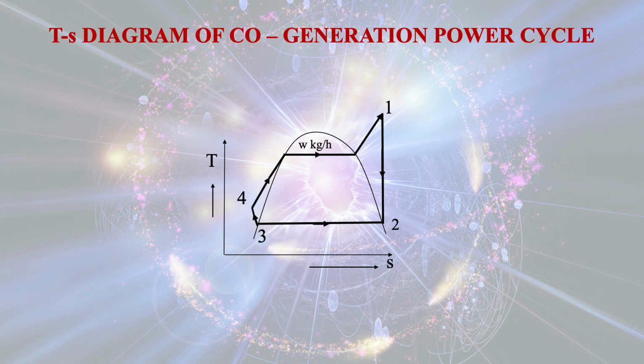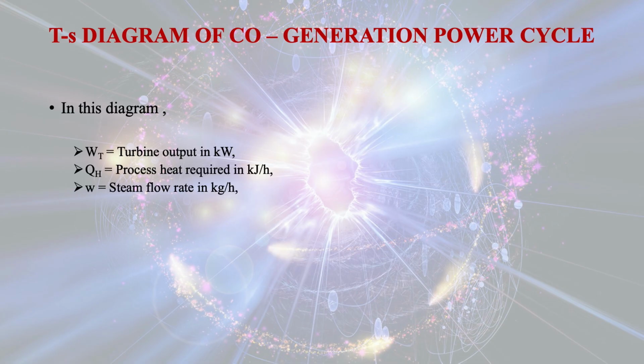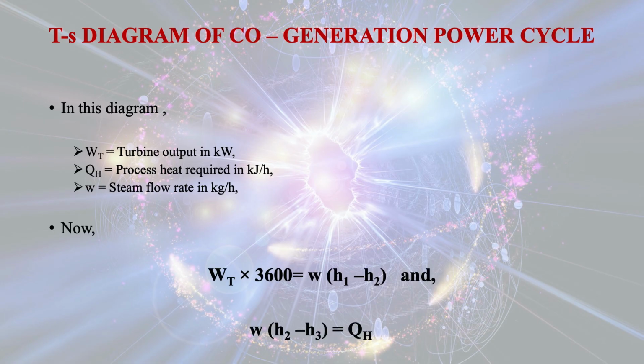Now, WT is the turbine output in kilowatt. QH is the process heat required in kilojoule per hour, and small w is steam flow rate in kg per hour. Now WT into 3600 is equal to w times (H1 minus H2).